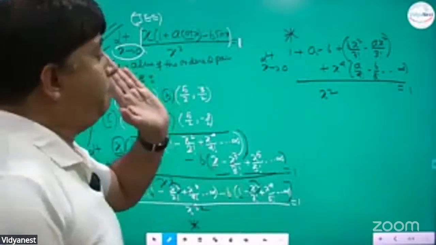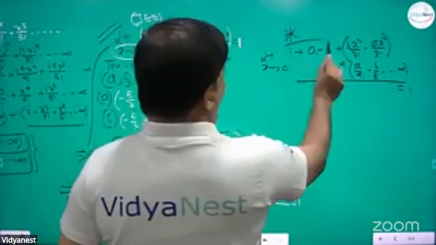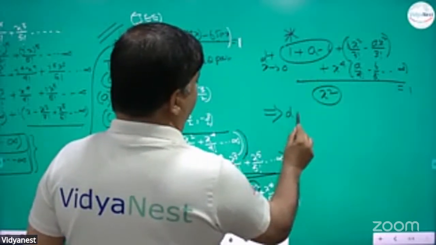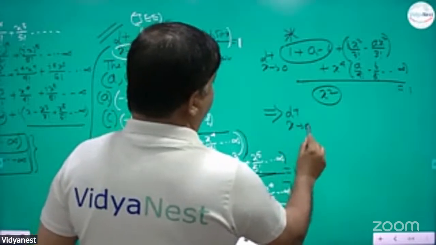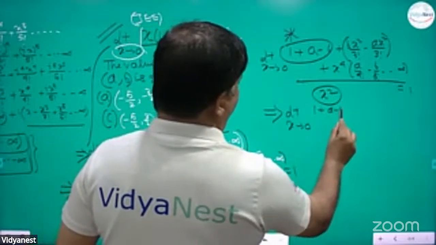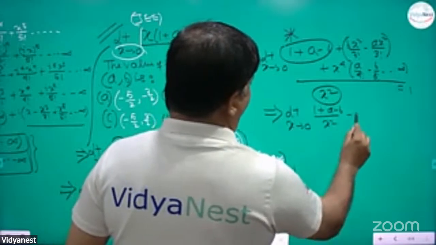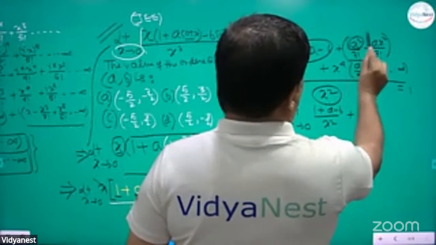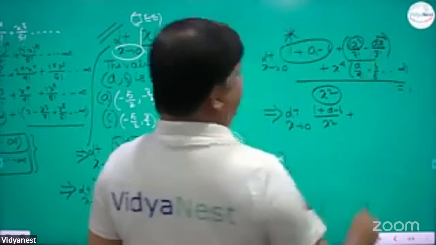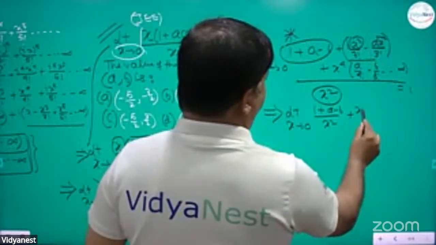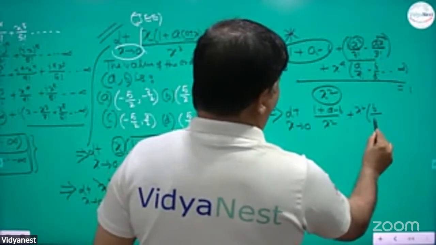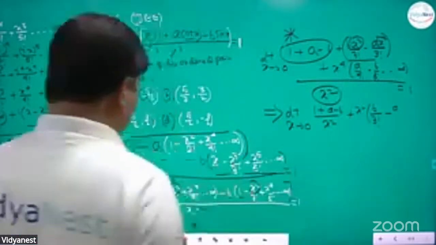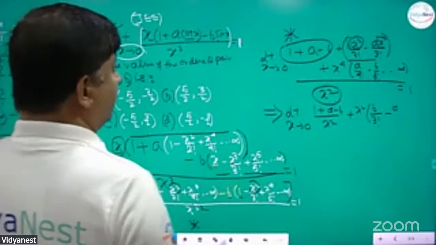Now you split this term-wise by x square. Limit x tends to 0 of 1 plus a minus b by x square plus the second term by x square. From the second term, I can take what common? X square? Yes or no? Yes, sir. What will be left in the bracket? I think I have, by mistake, written factorial 3.